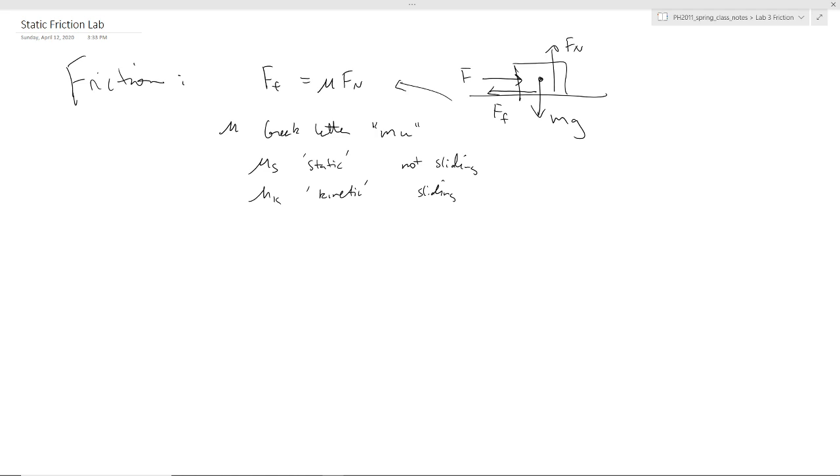An example that I think is useful to keep in mind to distinguish these is thinking about driving. If you're driving and suppose you're going too fast and you start to skid, you've transitioned from static friction, where your tire is not sliding relative to the roadway, although it's rolling, to kinetic friction when you start to skid, in which case the tire is sliding relative to the surface of the road.